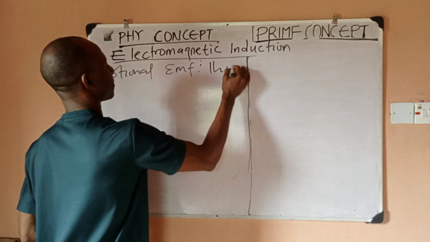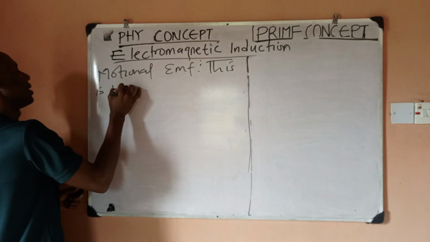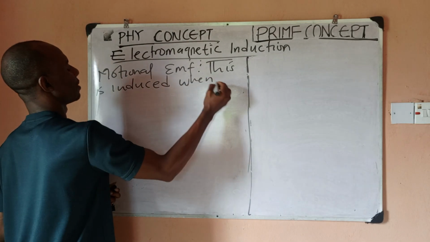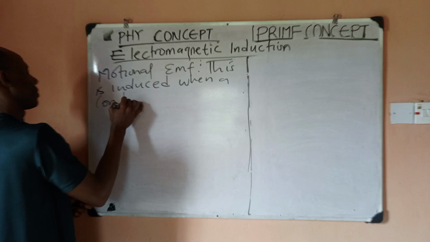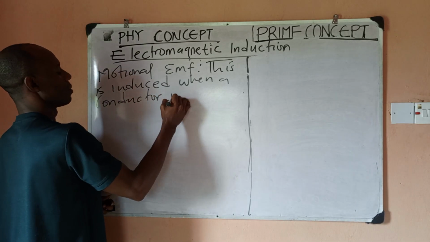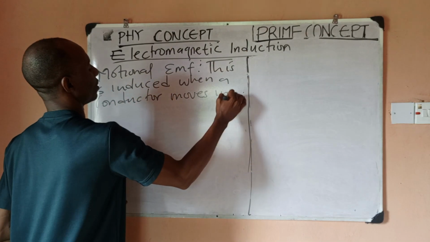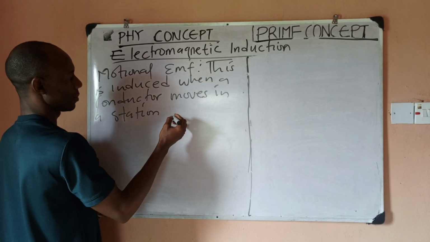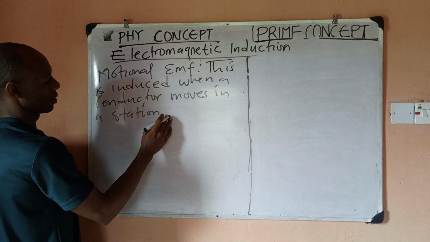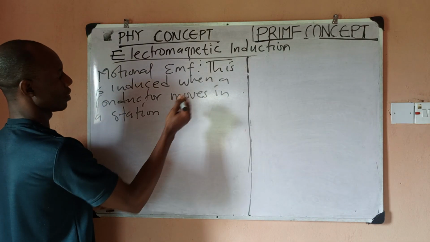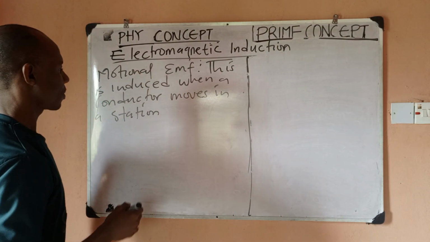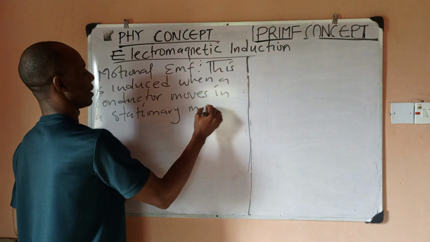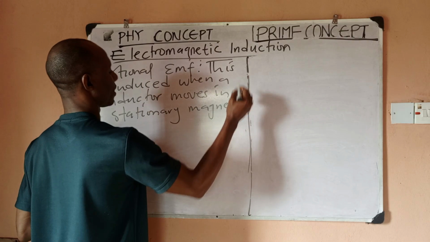So this is induced or generated when a conductor moves in a stationary magnet.